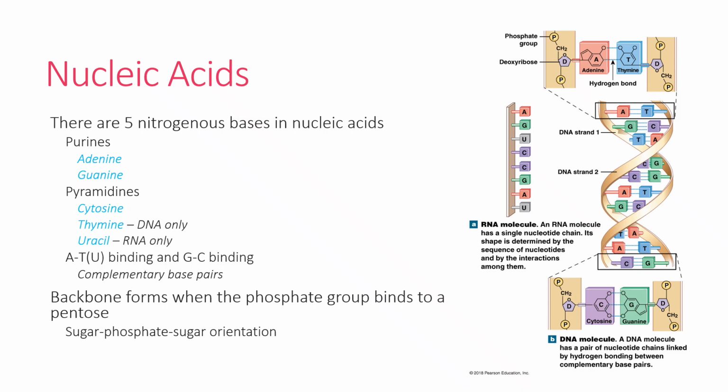And then the rails of the ladder, the sides of the ladder, are going to be made up of these alternating phosphate, sugar, phosphate, sugar, phosphate, sugar. So the rails of the ladder are phosphate and sugar, and the rungs of the ladder are going to be our nitrogenous bases.